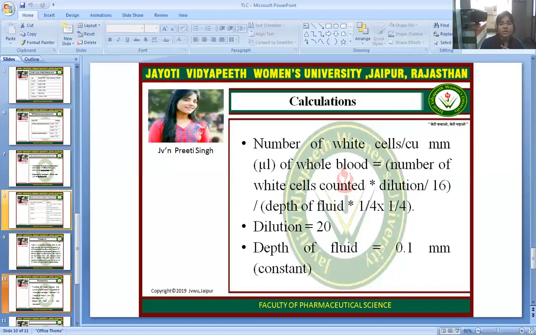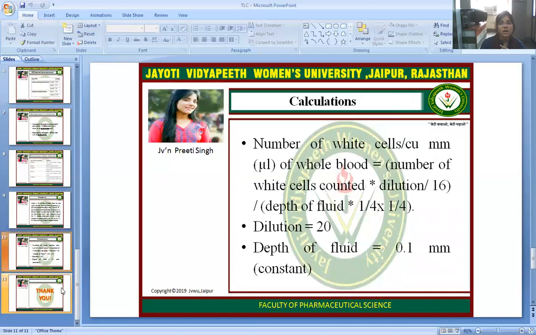The dilution is equal to 20 and depth of fluid is equal to 0.1 mm, constant. This is the constant area, no variation and no change for this value. So this is the calculation, and this is the complete protocol for this practical.